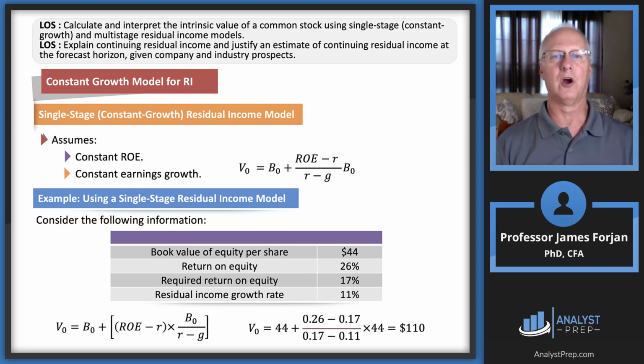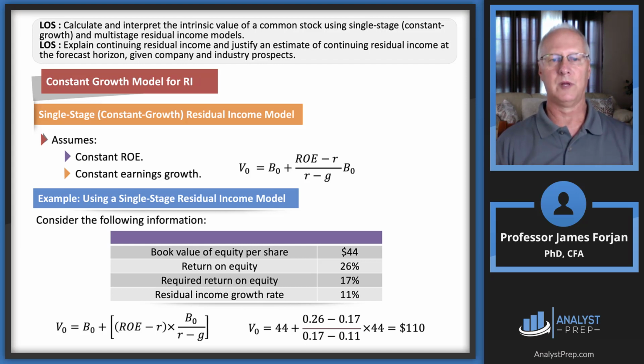All right, so there's our equation that is based on the Myron-Gordon growth model. So value today is equal to book value today plus some present value of what's going on in the future. We're assuming constant ROE and constant growth rate. We talked about that just a few moments ago.